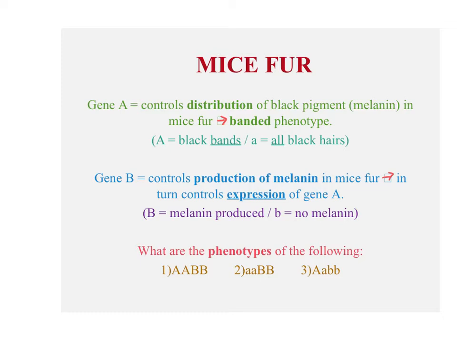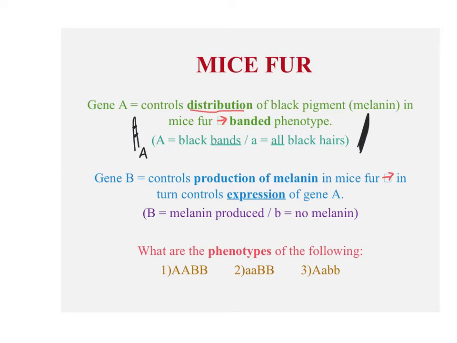So gene A controls the distribution of black pigment or melanin in the mice fur. And if you've got a big A genotype, then you end up with some banding shapes. And if you've got a homozygous recessive, or a recessive a allele, then you've got all black hairs.